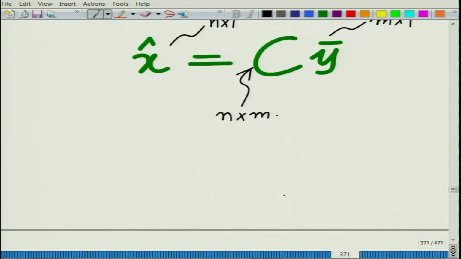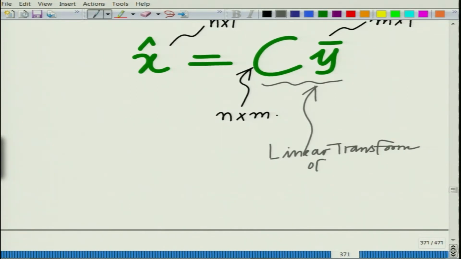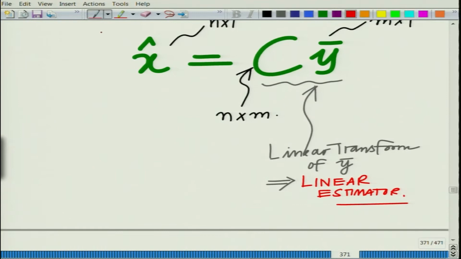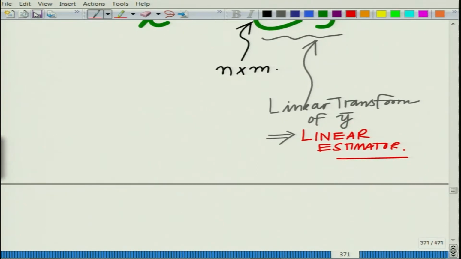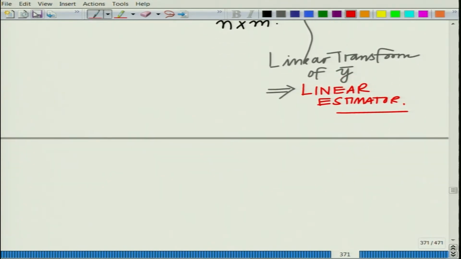Essentially, this is a linear transform of y bar, which implies this is a linear estimator.